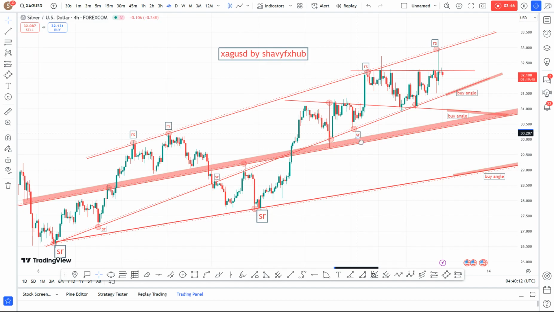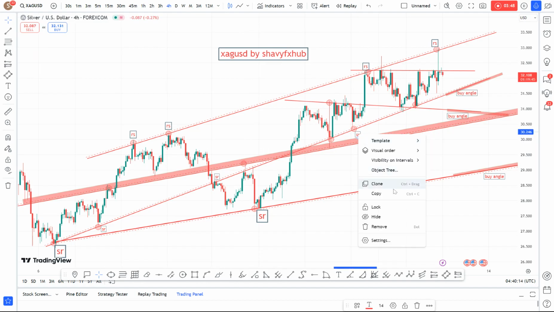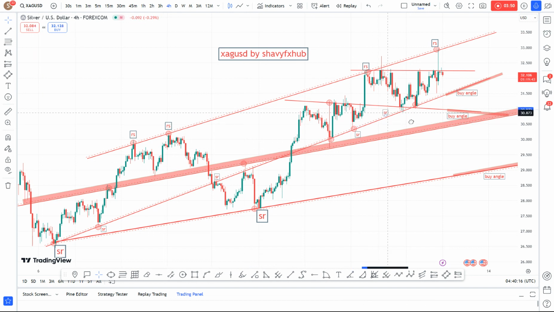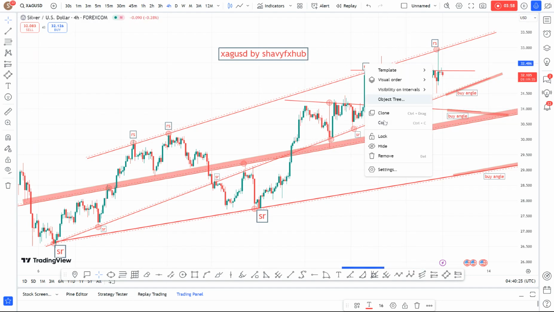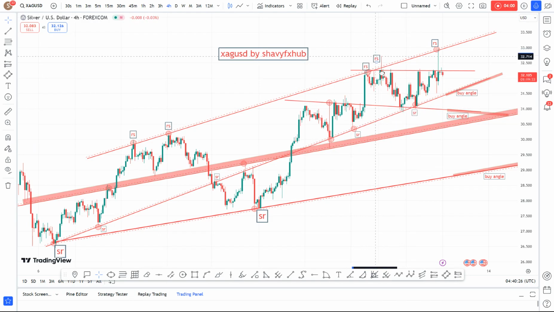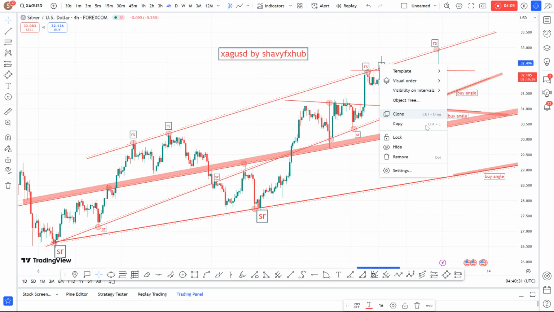Anytime its resistance is broken, price always does the needful. So we'll be looking at it, judging it only based on what it's doing, and we continue to watch it based on the structure of the market.